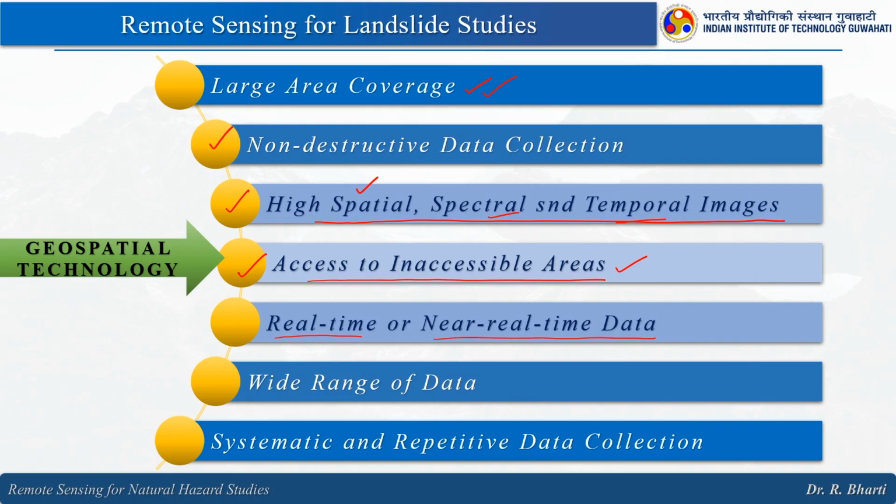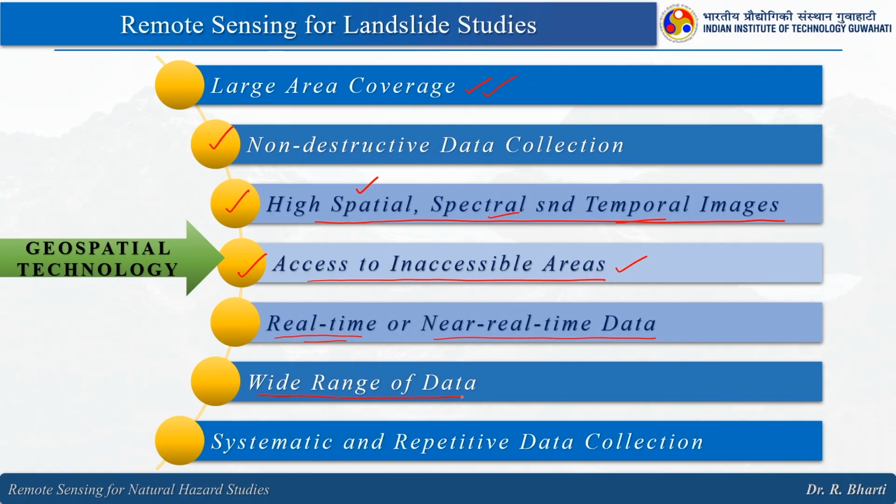As we discussed, for natural hazards, pre and post event images are very useful. Simultaneously, there are measurements happening from different satellites that you can utilize for pre and post event information. Then a wide range of data: we utilize different wavelength regions from visible to infrared to microwave.